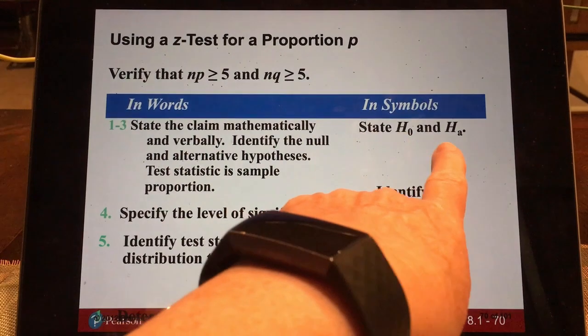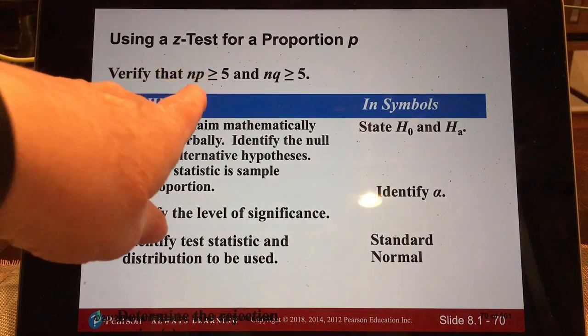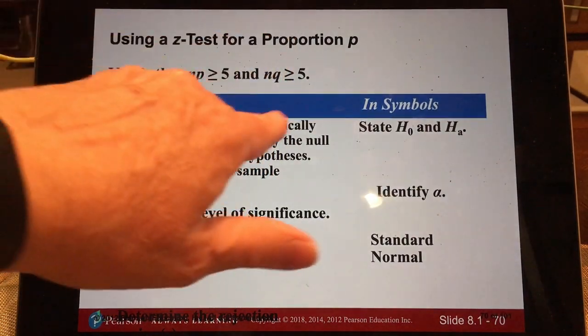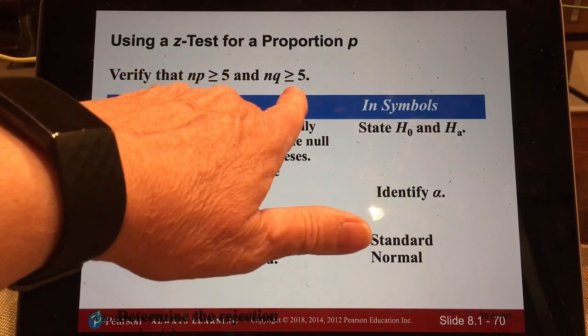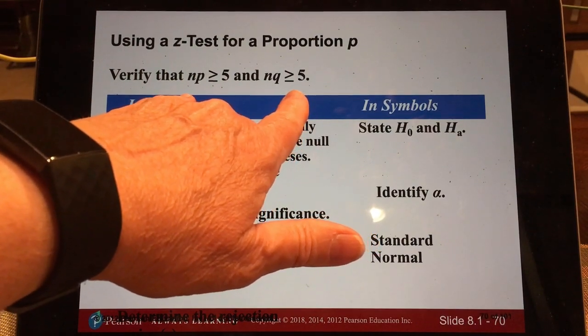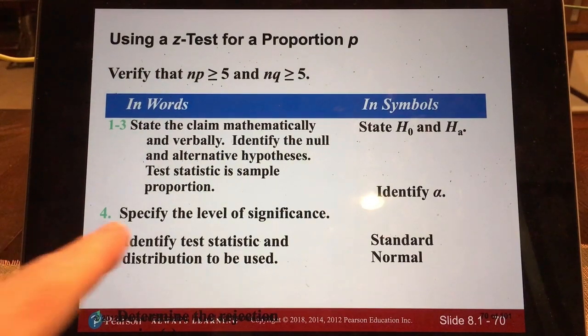We're going to state our H sub 0 and our H sub A. These should all sound familiar if you listened to 8.1. These up here, remember, our proportion is the binomial, and these make sure that we have met the qualifications for having a large enough sample size to do the hypothesis test to start with.